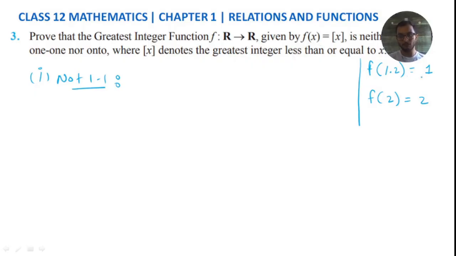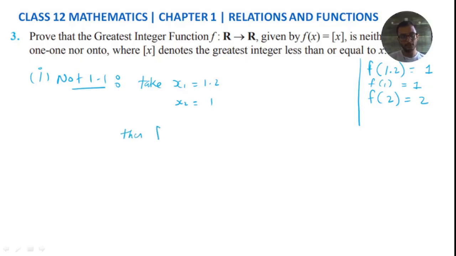Suppose f of 1.2 is 1, and what will be f of 1? It will also be 1, right? So we have two different points, but the image is the same. So take x1 equals 1.2 and x2 equals 1.